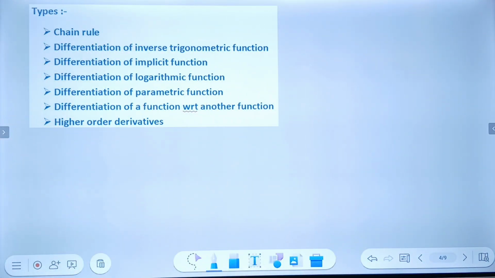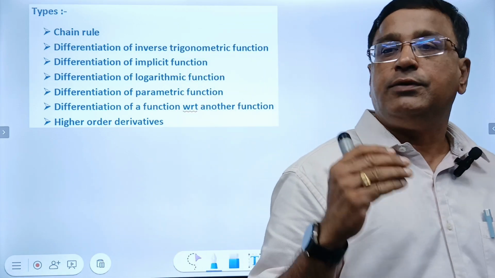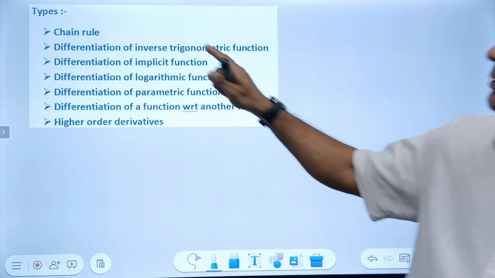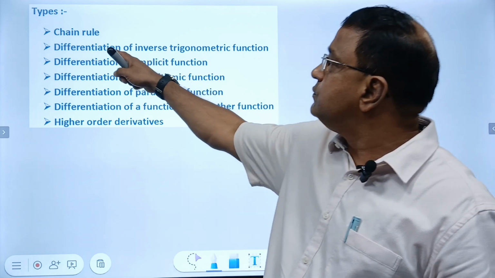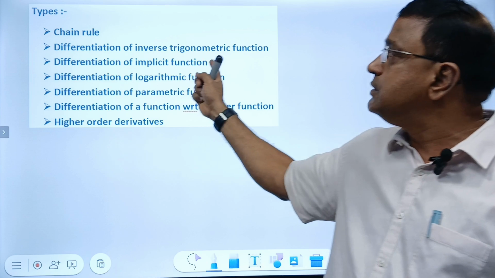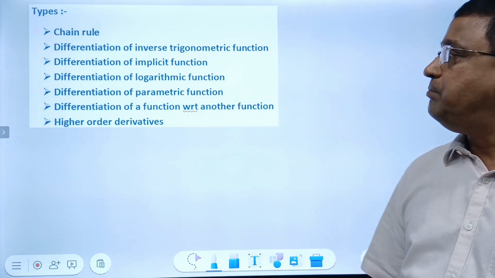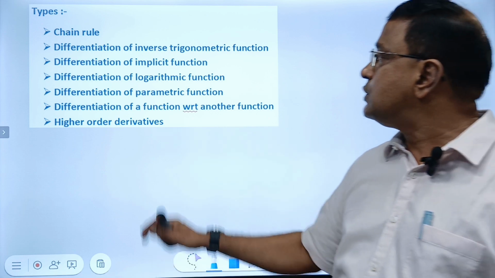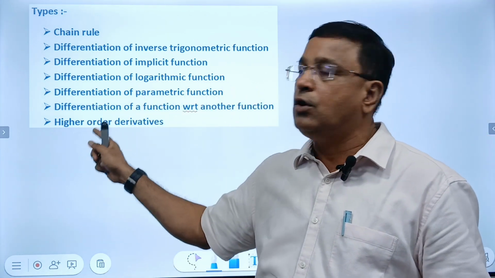Now, what are we going to do in differentiation? We have a lot of subtopics in this. The first thing I'm going to introduce is the basic one, that is chain rule. Then I'm going to talk about differentiation of inverse trigonometric functions, followed by differentiation of implicit functions, then differentiation of logarithmic functions, differentiation of parametric functions, differentiation of a function with respect to another function, and finally higher order derivatives.